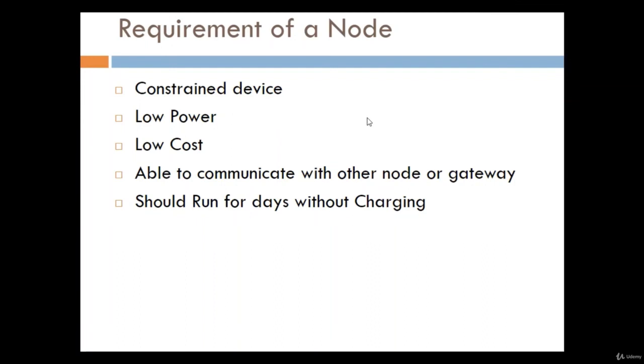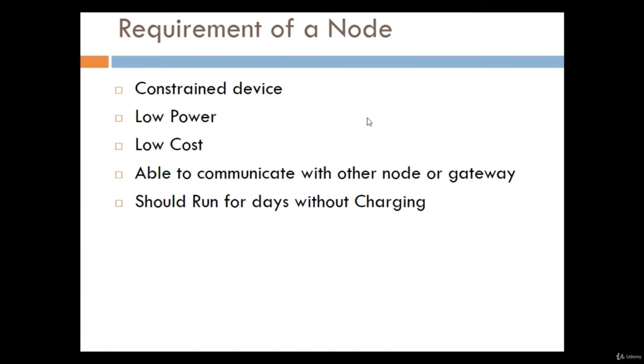The requirements are something like this: the node has to take very low power, and it has to have low cost. Why? Because we are using many such nodes in an application. If the cost of the node is too high, then your overall application cost becomes very high. Therefore, you need to keep the cost of this node very low.